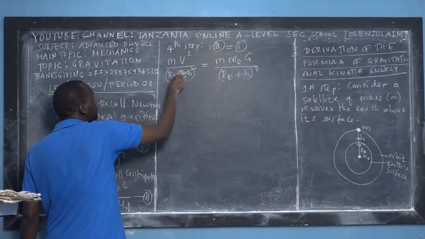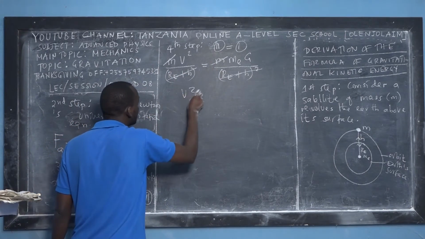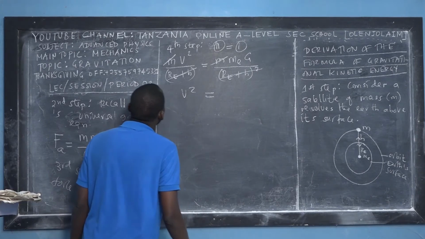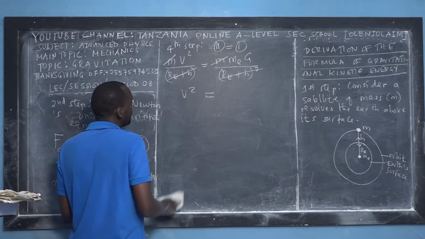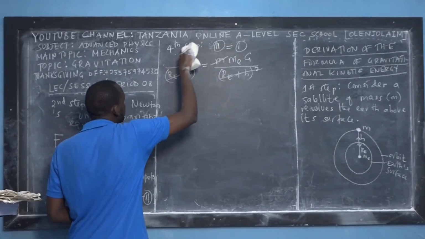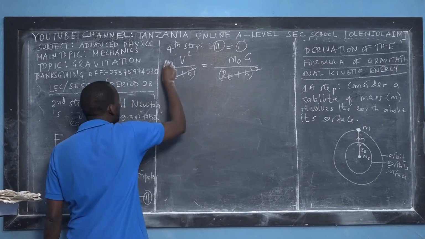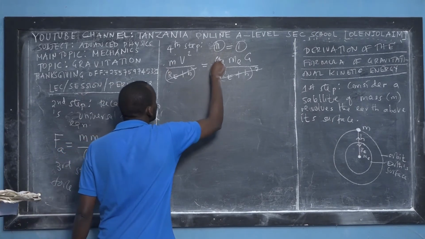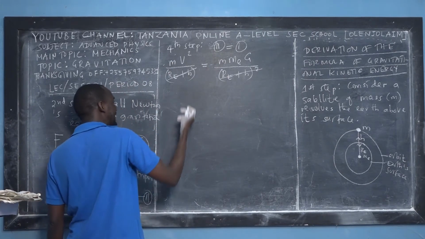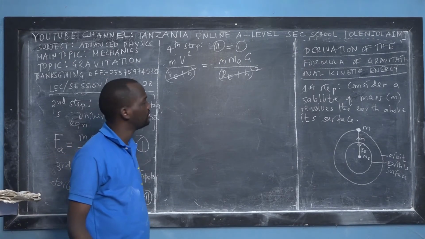Then we can simplify. On the left hand side you have velocity squared. We should not simplify everything because we need this term, so we just simplify the denominator. The mass of the satellite could cancel, but we are looking for something, so we should know where we're going. That's the beauty of physics.